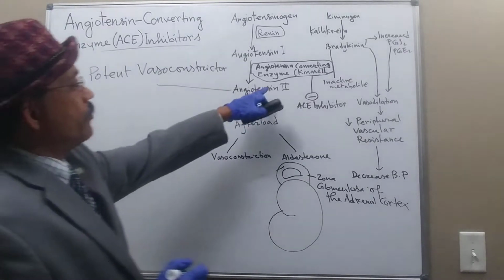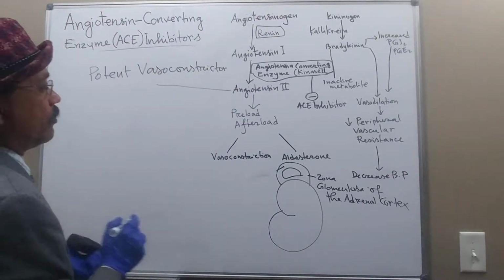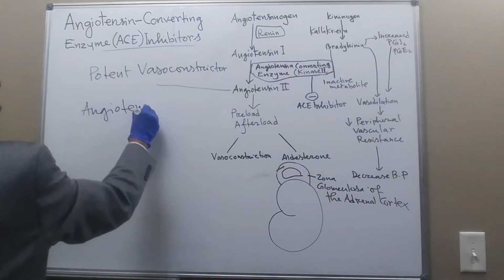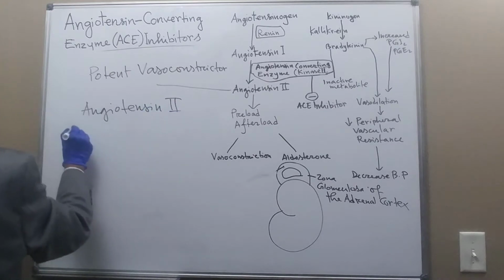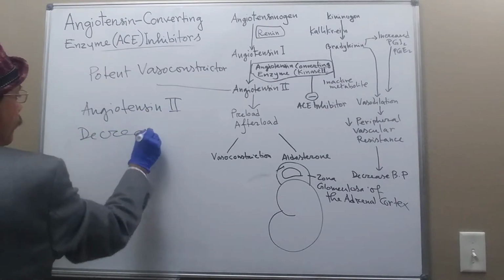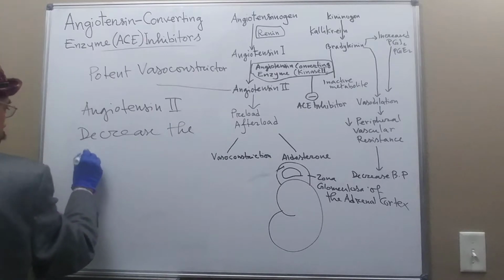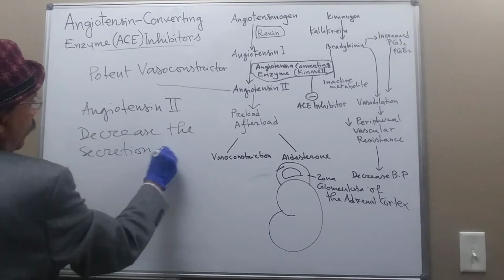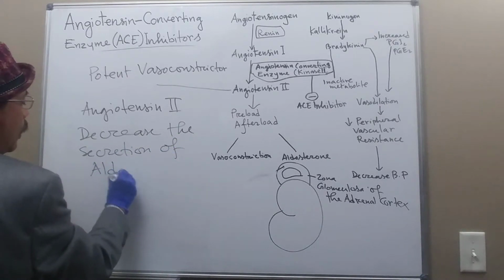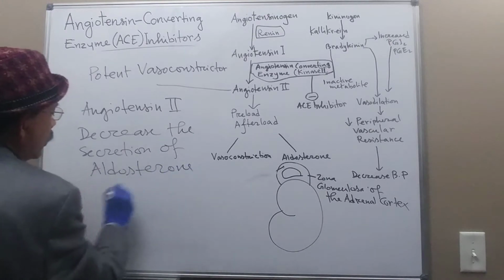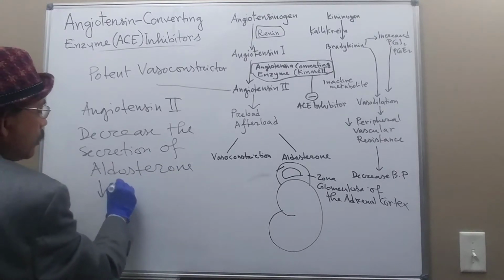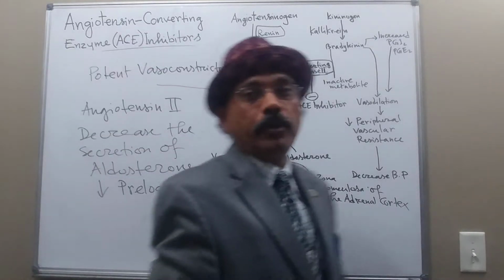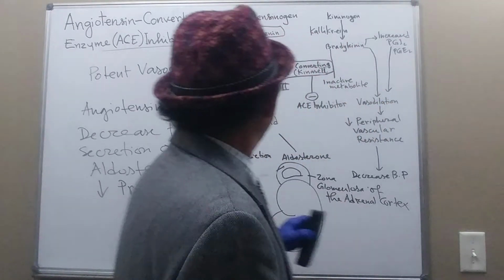So blocking angiotensin 2 decreases the production or secretion of aldosterone. This is very important. So there will be a decrease in preload, because preload depends on the fluid in our body.